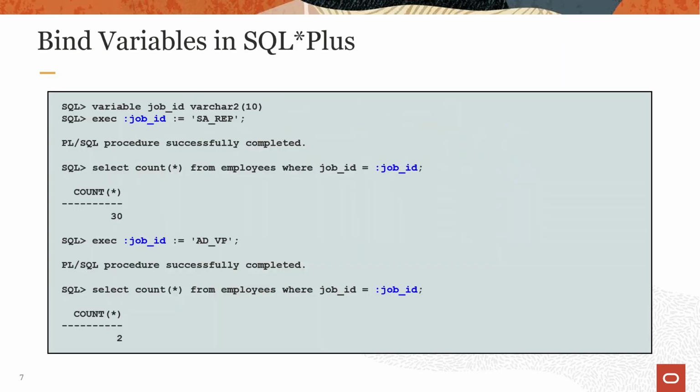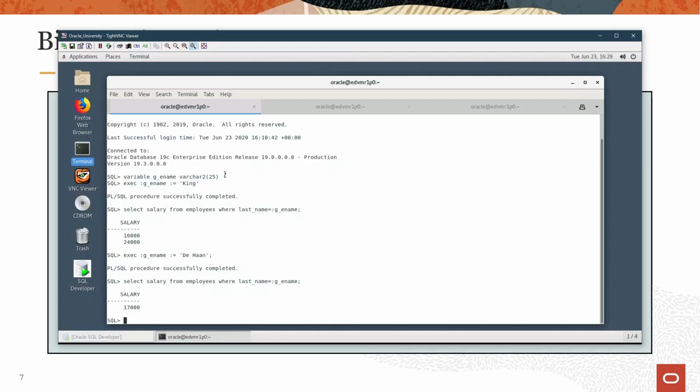Now here you see an example of how to use bind variables in SQL Plus. But let me show you a demo that I have on my practice machine. This is an SQL Plus session where, via the SQL Plus command variable, I can create a bind variable named ga of the data type varchar2.